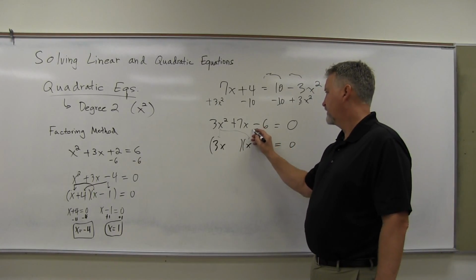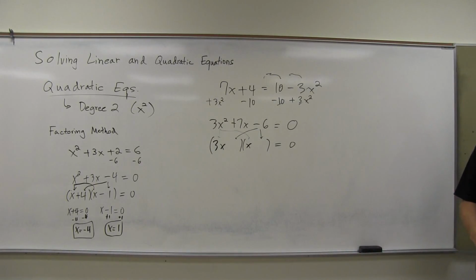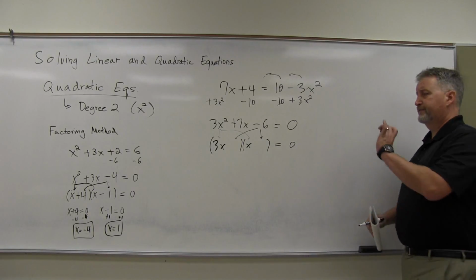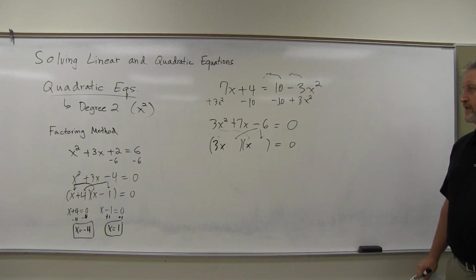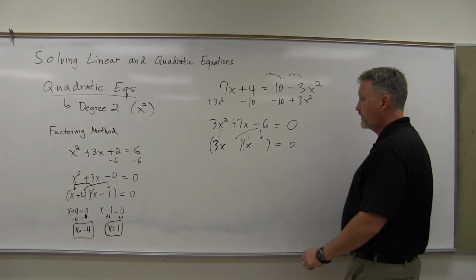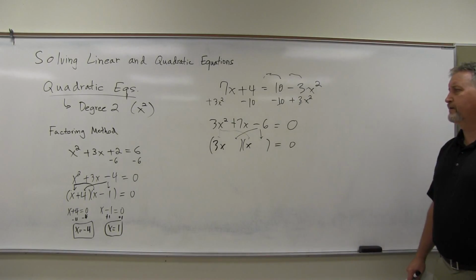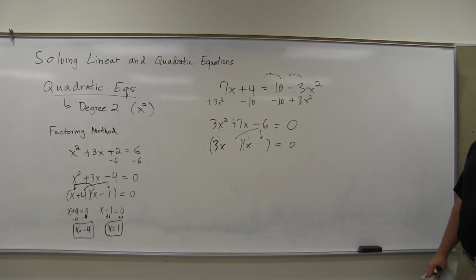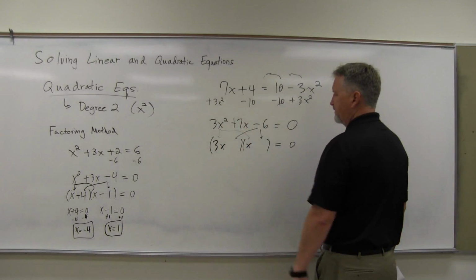And it is the same deal: you've got minus 6, with factors in the second slots of each. However, we can't apply the same logic as before, where you say factors of this that add up to be that, because with the 3x squared, if this is not a 1, it complicates things.